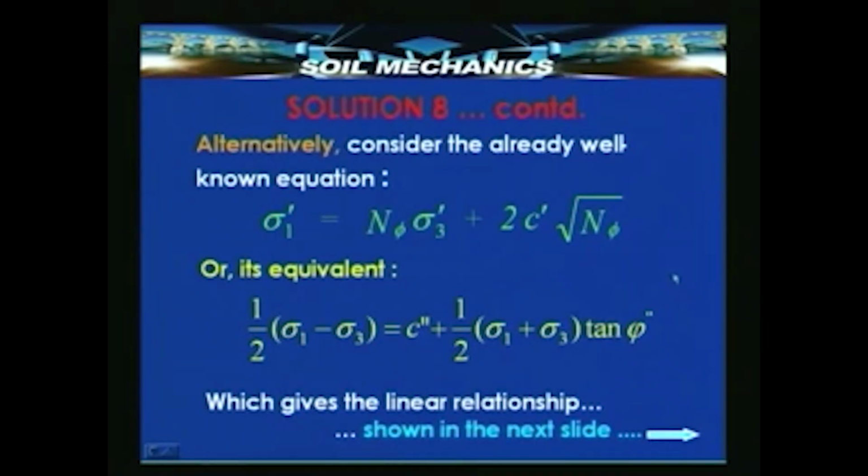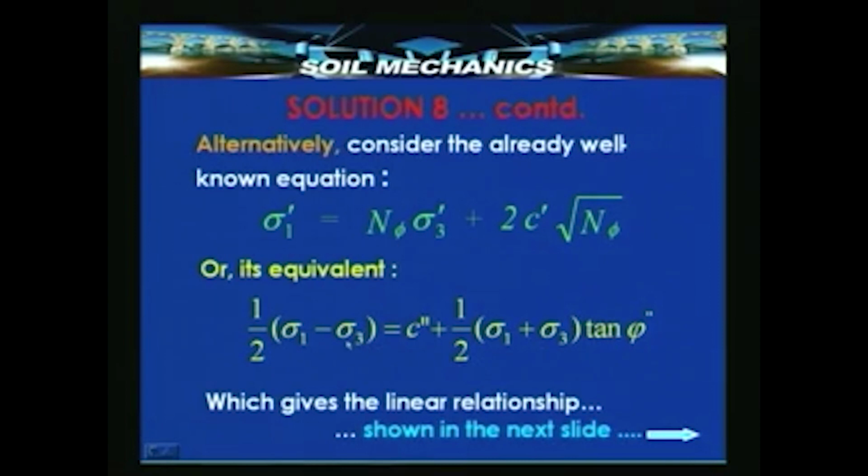Alternately, we can use the so called PQ plot. What is this PQ plot? We know already this equation, the relationship between sigma 1 dash, sigma 3 dash, C dash and tan square 45 plus phi by 2, that is N phi, or its equivalent, which is this.